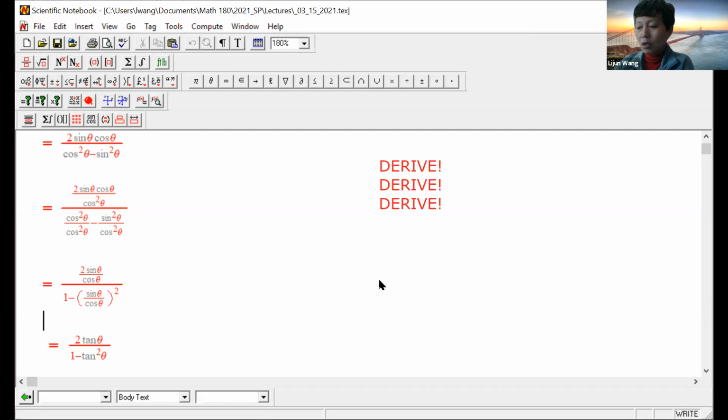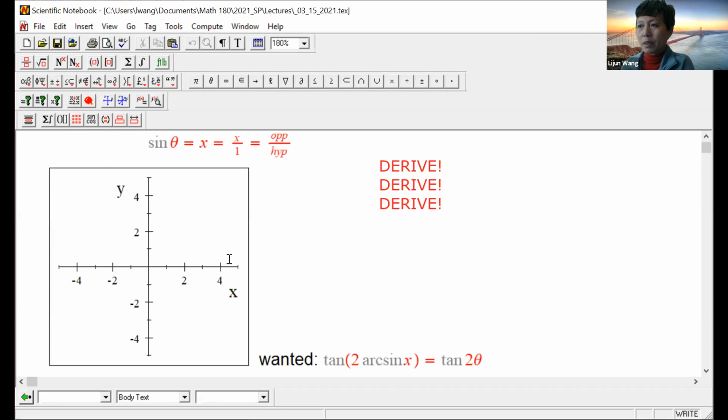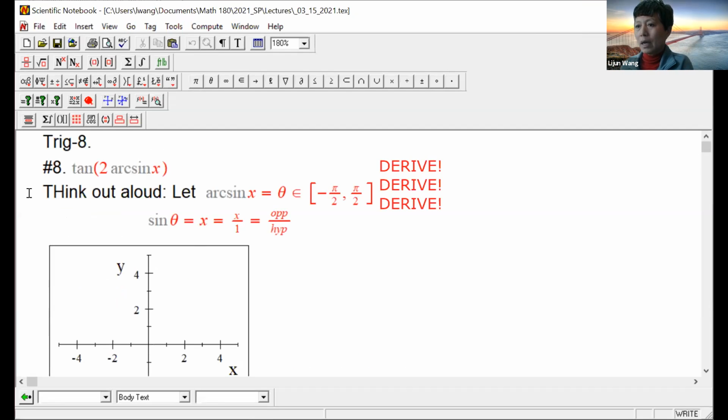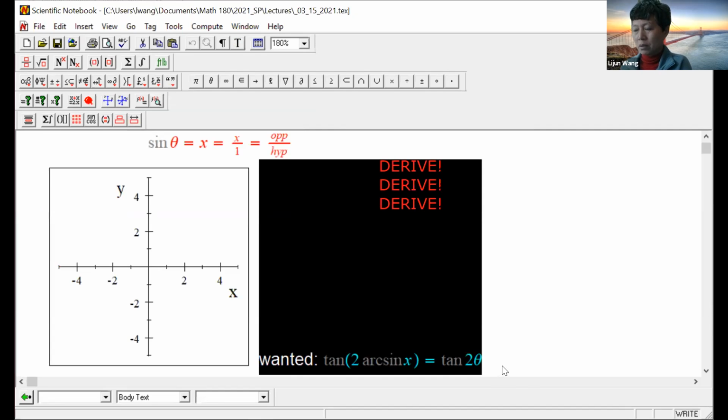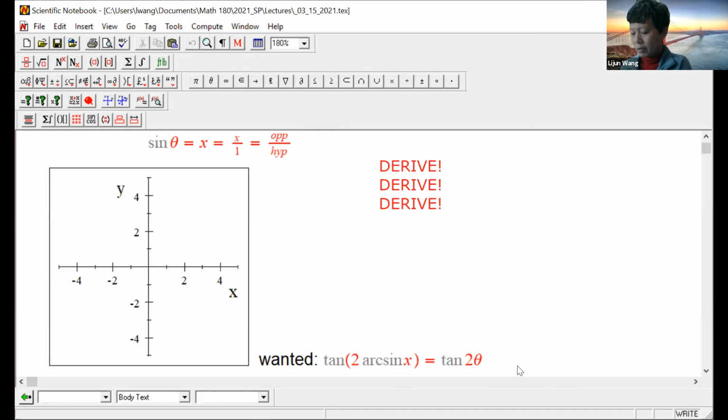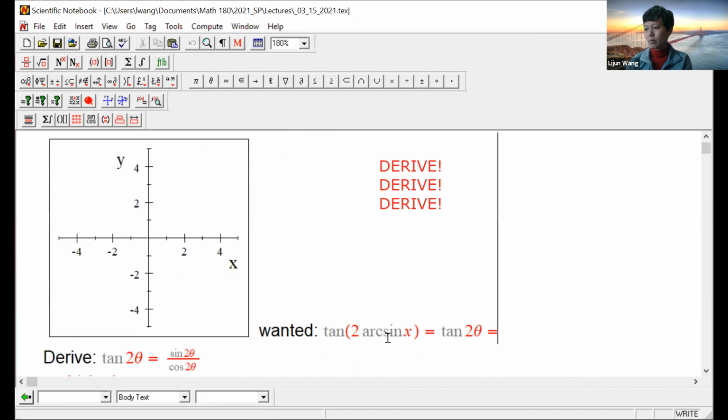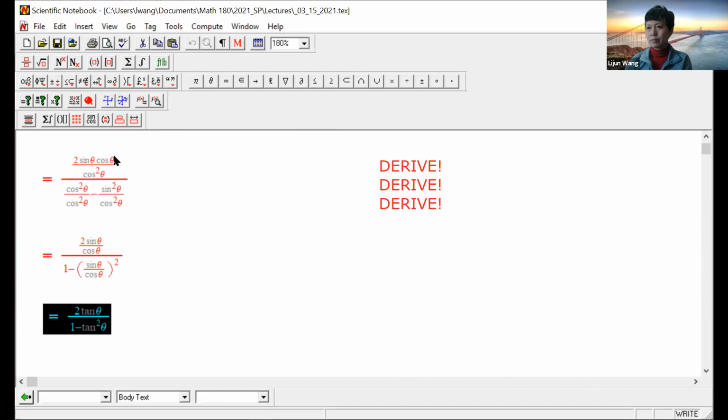Okay, and all of this work is on your scratch paper. I have the scratch paper right here, right? I'm still working on the scratch paper, so I have derived this formula.